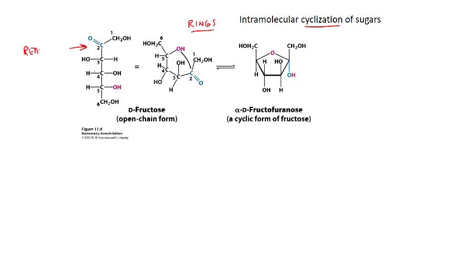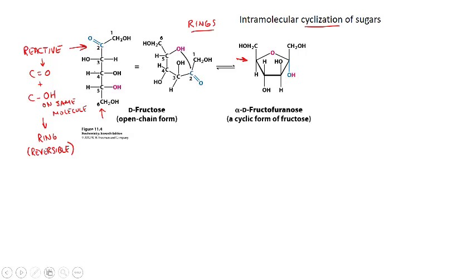The carbonyl group is pretty reactive, and it can react with a hydroxyl group on the same molecule to form a ring. Generally, that's what happens. So 95% of the time, your carbohydrate molecules exist in a ring structure and not in a linear structure. But this reaction is reversible, and so they can always go back to being a linear molecule like we see at the left.